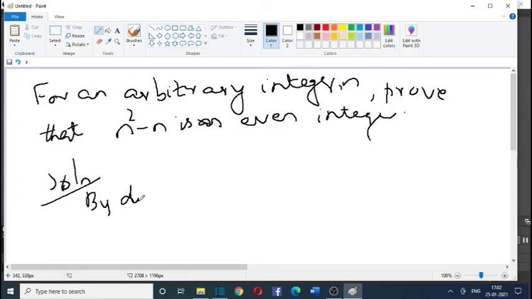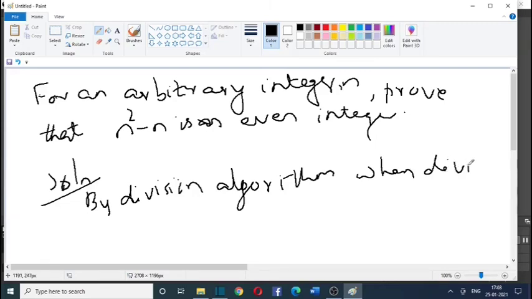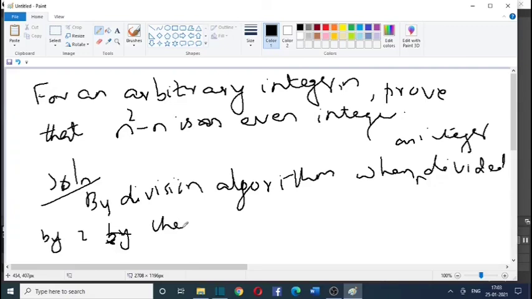When an integer is divided by 2, the remainders are 0 or 1.